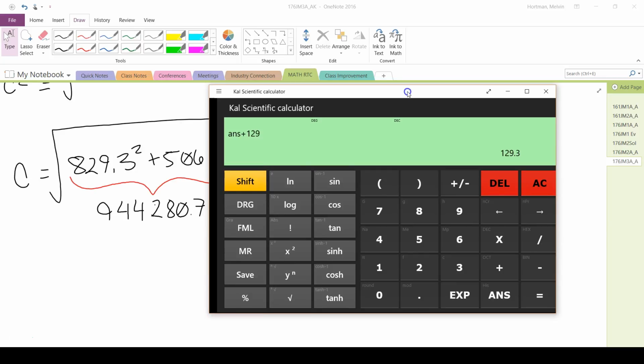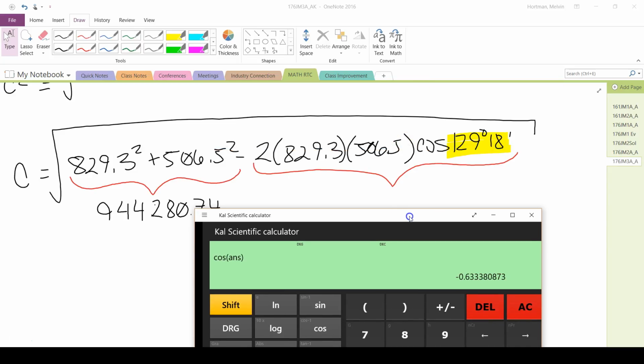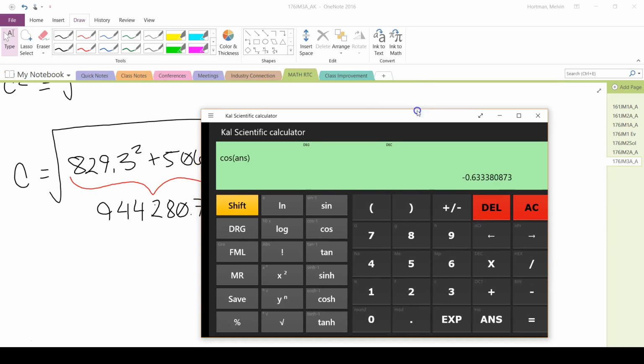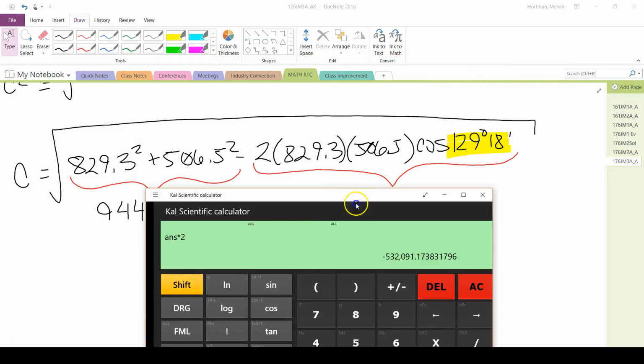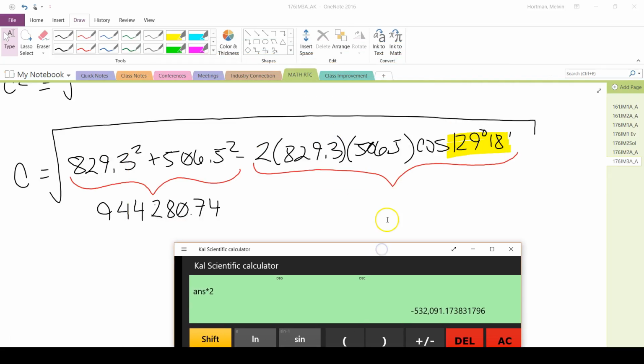At this point, I can take the cosine of that and get a negative number, and then multiply it by 506.5, and then also by 829.3, and also by 2, which is negative 532.091.